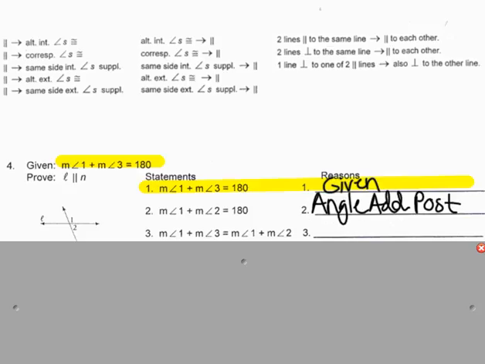So now when I look at step 3, I have to look at what I have previously. So I have 1 and 3 is right here. Then we have 1 and 2 over here. So it looks like instead of writing 180 in step 1, they wrote the 1 plus 2. So this one is substitution.